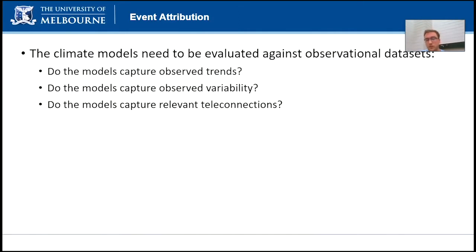And we also want the models to capture the relevant teleconnections. If we're looking at, for example, rainfall extremes in the Murray-Darling Basin in Australia, there's a very strong ENSO teleconnection to summer rainfall in that region. If we're using a model that just doesn't have that teleconnection, we wouldn't have too much trust in its ability to.